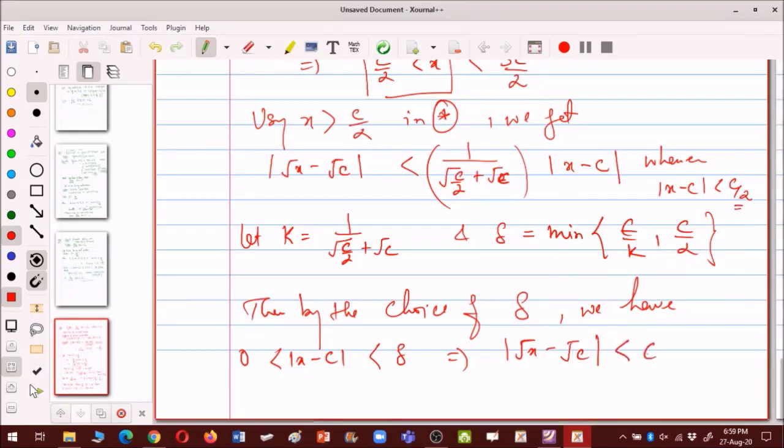So then this is less than epsilon, hence limit x tends to c root x is equal to root c.